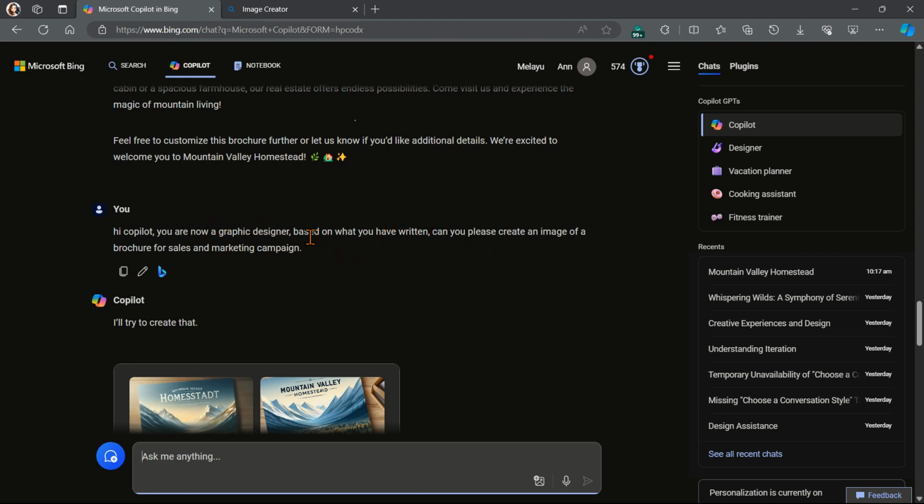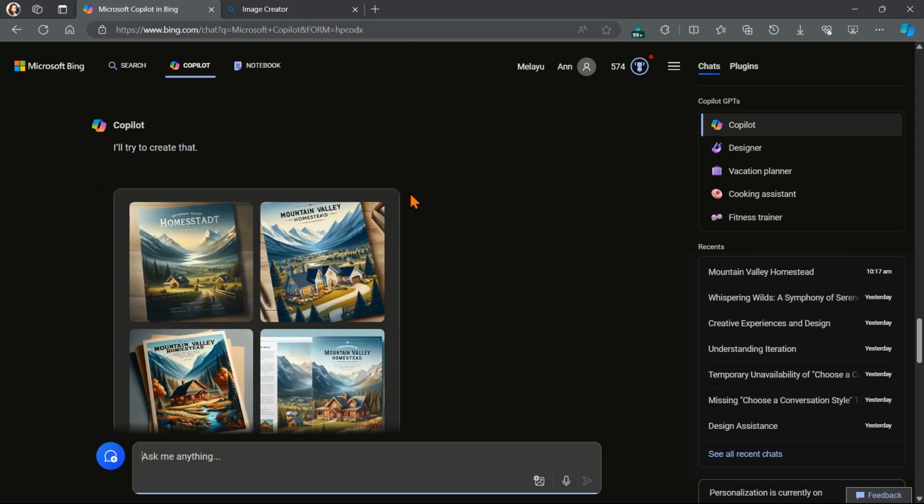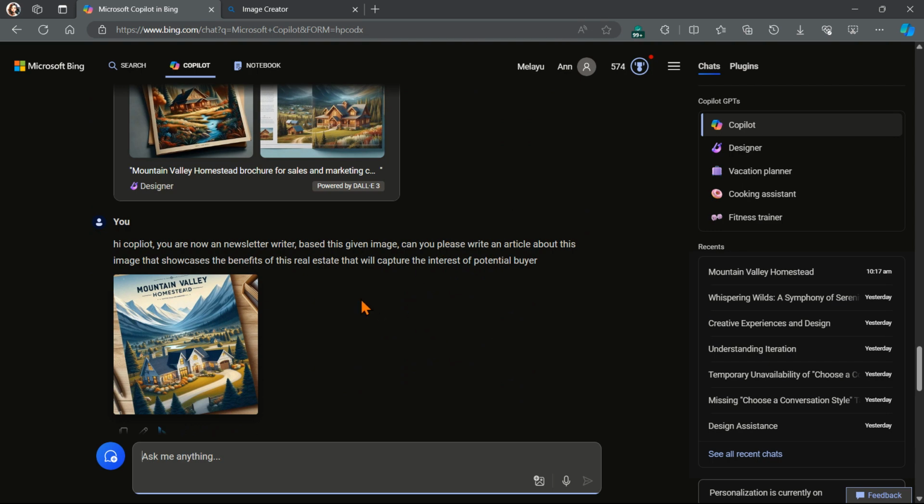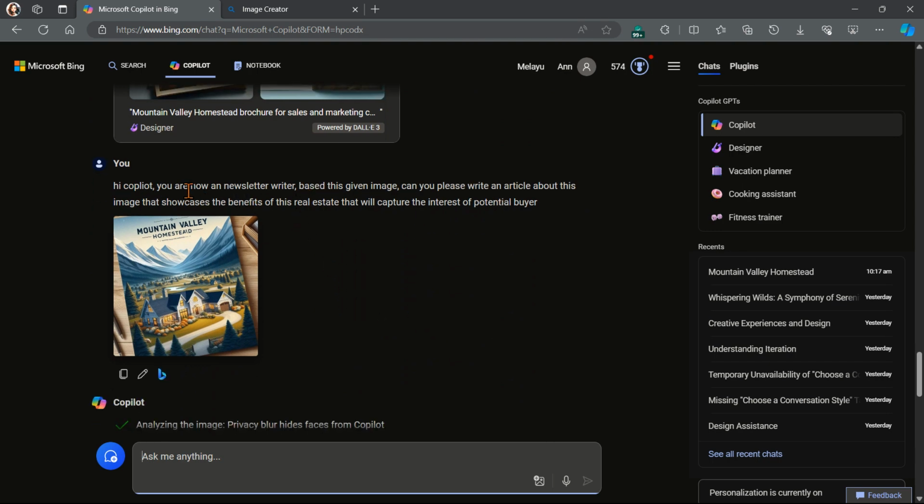So I asked Copilot to create a brochure for a sales marketing campaign based on what Copilot had written above. This is the output. I selected this image and asked Copilot to write me a newsletter, giving it a new role: based on the given image, please write an article that showcases the benefit of this real estate and captures the interest of potential buyers.